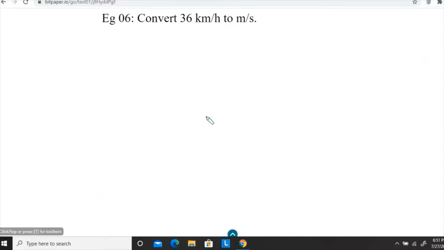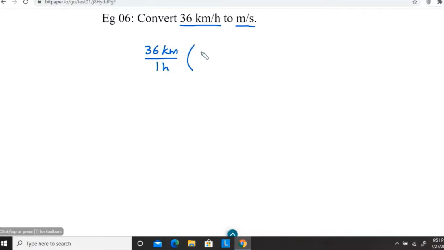In this example, we have to convert 36 kilometers per hour into meters per second. So 36 kilometers per 1 hour. So the first conversion factor would be related to distance or a length.